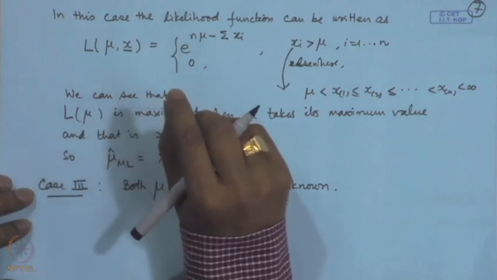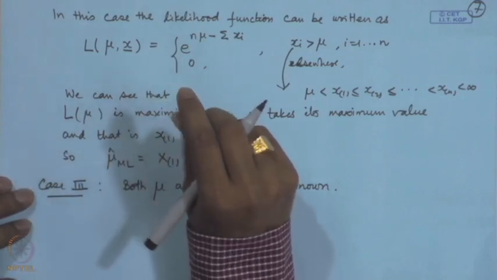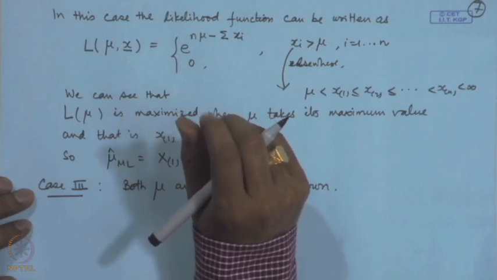It was 1 by sigma to the power n e to the power minus sigma (x_i minus mu) by sigma. Now this has two parts: one part involving only mu and the other part involving sigma also.